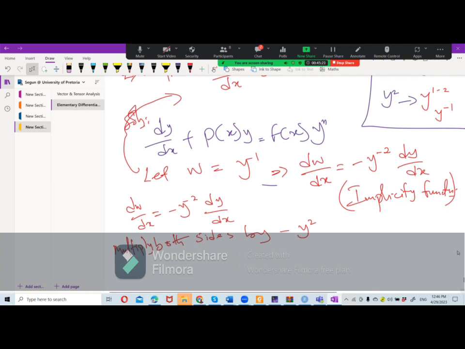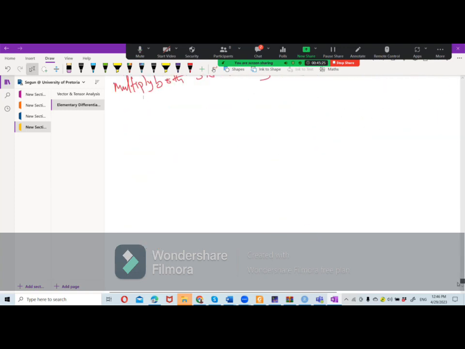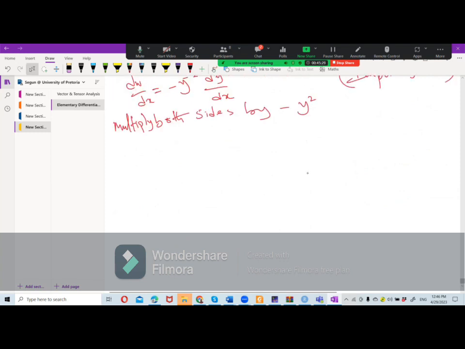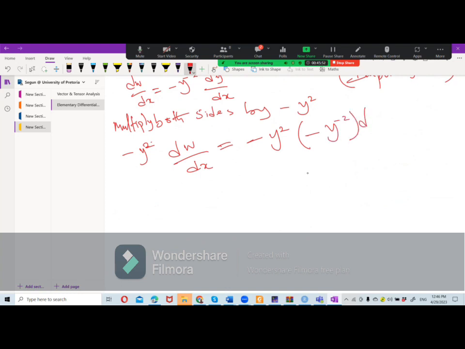Okay, so you multiply both sides by negative y. Multiply negative y^2 dw dx equals minus negative this, multiply by minus y raised to the power minus 2 dy dx.